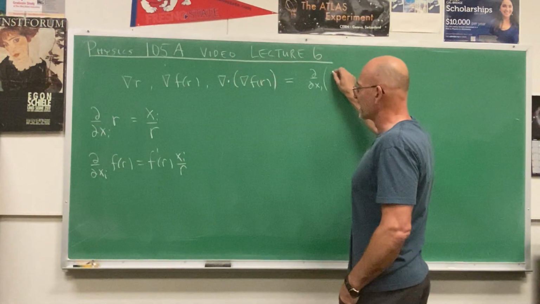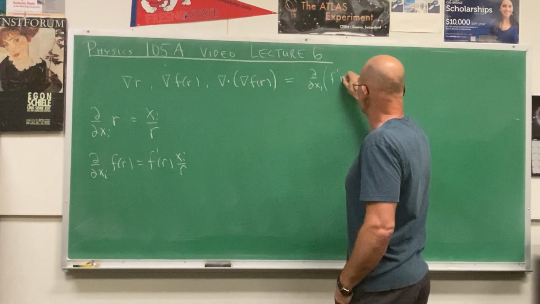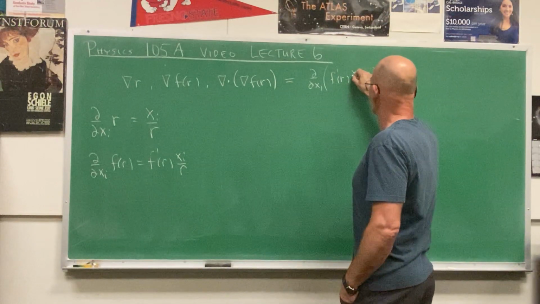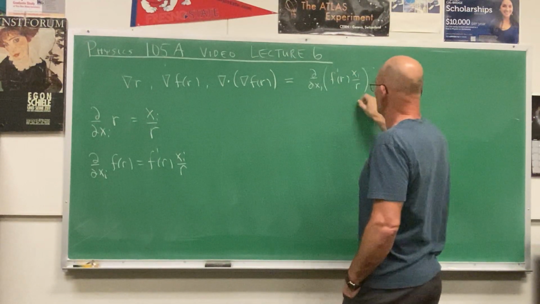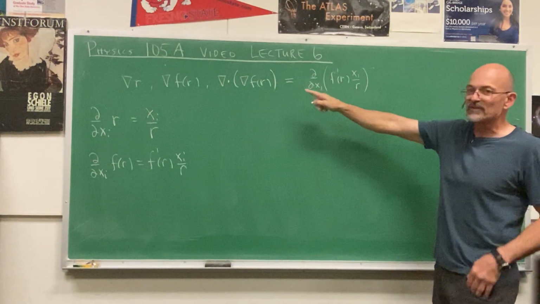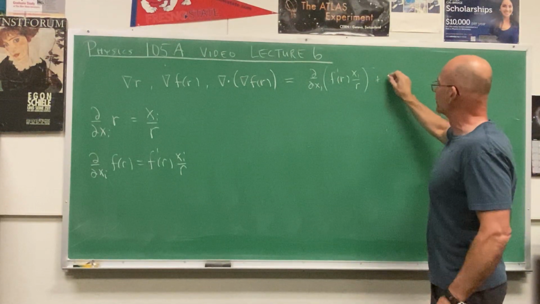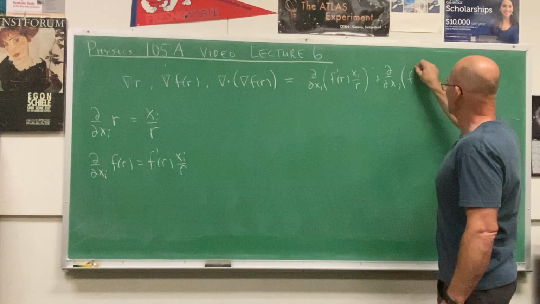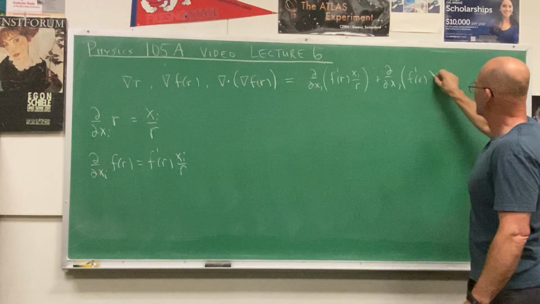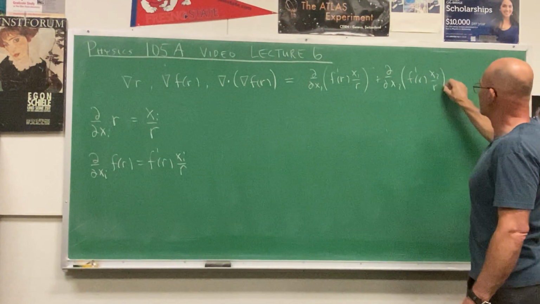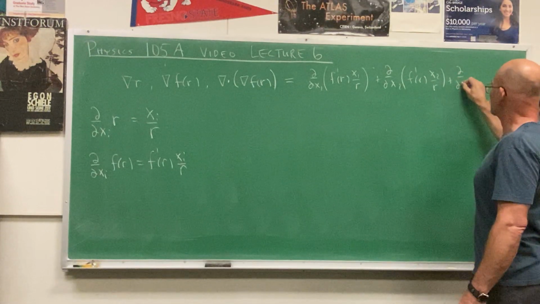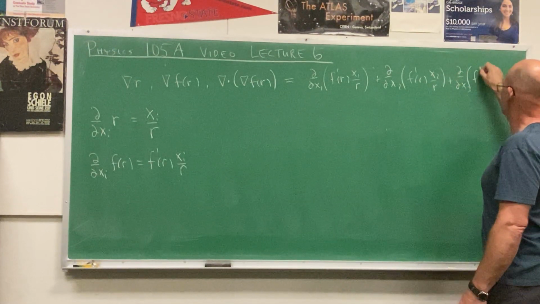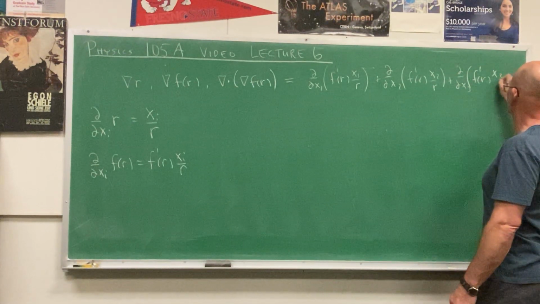So I'm looking at f prime of r x1 over r. And then from the definition of the divergence, I'm just doing the same with 2 and 3 as well: d/dx2 of f prime of r x2 over r, d/dx3 of f prime of r x3 over r.